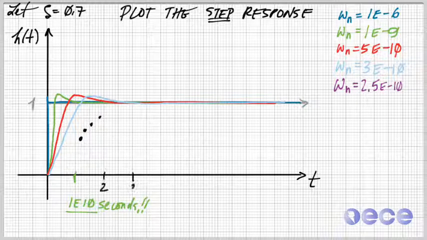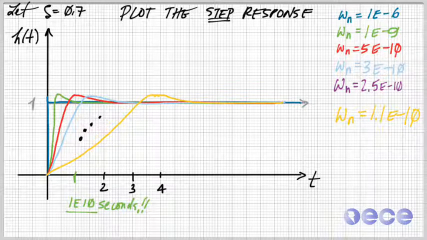We can take this even further, and if we're looking at 1/10 of the value, we're still seeing a ramp that will eventually decay after it overshoots. But now we're talking about 4 times 10 to the 10th seconds in order to actually peak, and maybe 6 times 10 to the 10th seconds until we're at our final value.